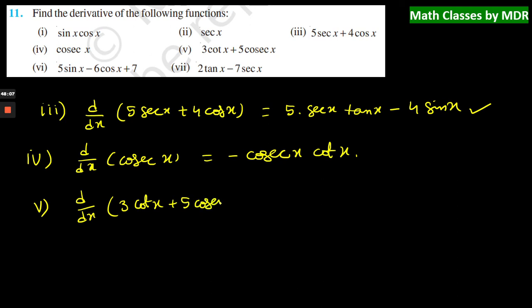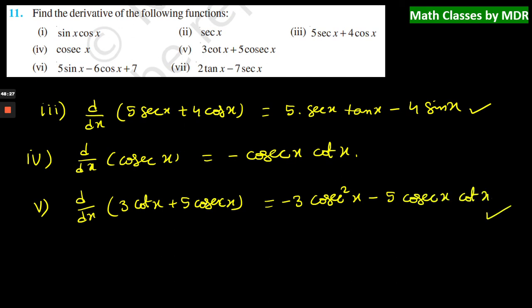So 3 cot x becomes 3 into minus cosecant square x, so I will take it as minus 3 cosecant square x, plus 5 cosecant x becomes minus 5 cosecant x cot x. This is the answer for this.